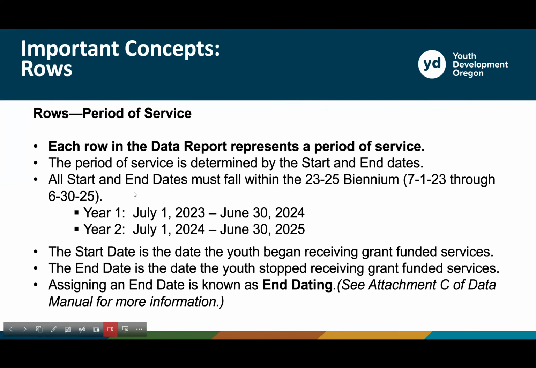Okay, another important concept is rows. Each row in the data report represents a period of service. The period of service is determined by the start and end dates, and all start and end dates must fall within the biennium.